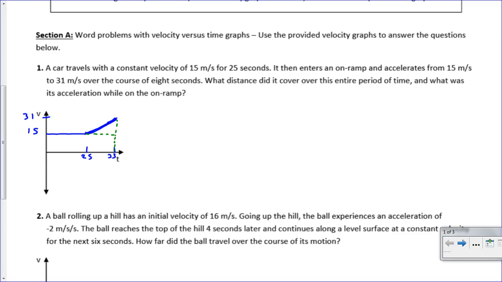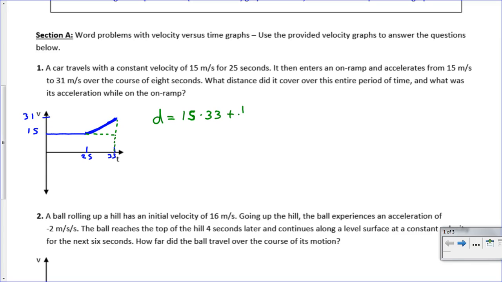The rectangle has an area of 15 by 33. So we say 15 times 33, plus the area of the triangle. The triangle has dimensions of 8 seconds along the bottom and 16 meters per second along the side.